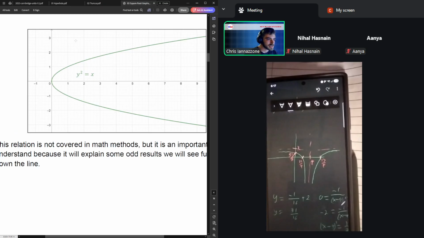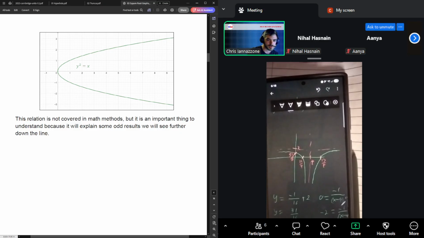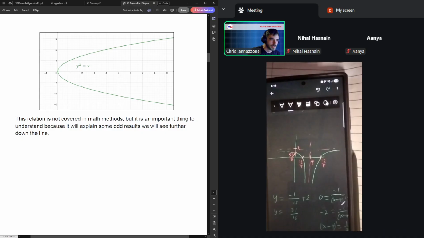What you're essentially seeing is half of a graph. This one isn't necessarily in the study design, but it's worth understanding because it teaches you a bit more about why the square root graph looks the way it does. This is not considered a function, it is considered a relation.